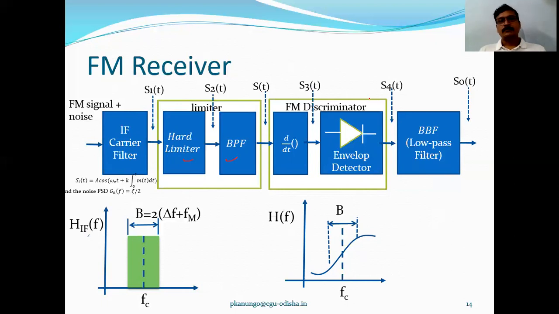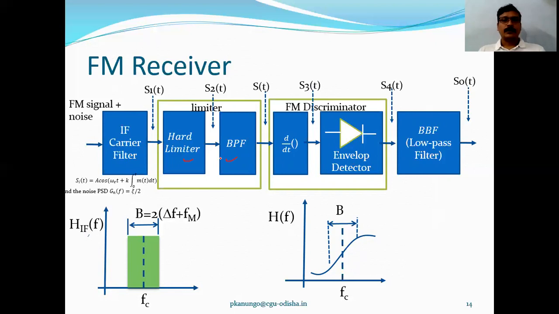Then another block is known as the FM discriminator. The differentiator and envelope detector are known as the FM discriminator, and the hard limiter and band pass filter are known as the limiter. So there are two parts of an FM detector: the limiter and the FM discriminator. And the last part is, as usual, the baseband filter.